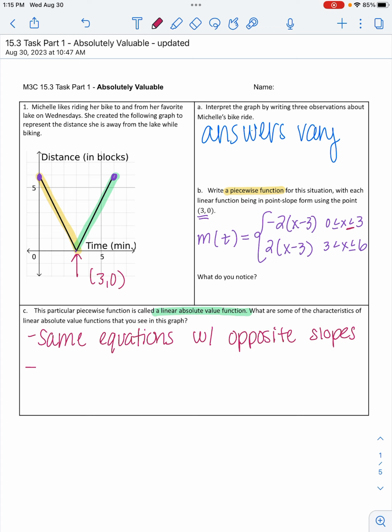Okay, we have V shapes every time. We have a nice vertical reflection. So this is what those absolute value graphs should look like, and when we have the left side and the right side, they should look the same, just with opposite sign slopes.